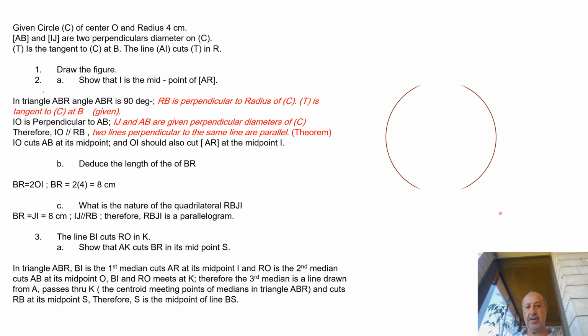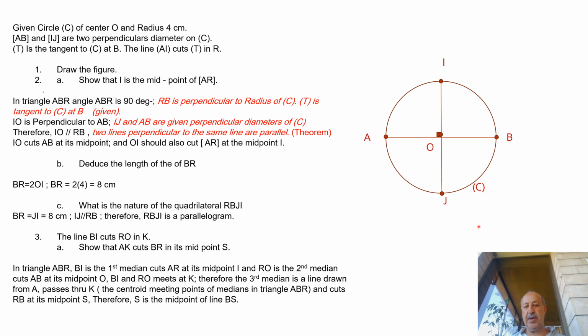Start by drawing the circle C of center O, which is the intersection of the two diameters AB and IJ. This is AB, and this is I, and this is J. Let's designate the intersection at O at 90 degrees.